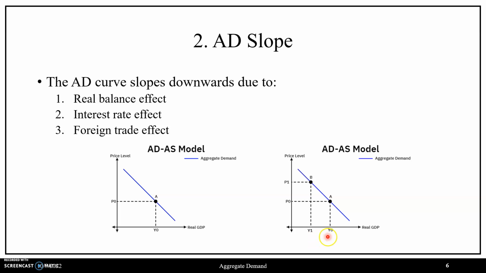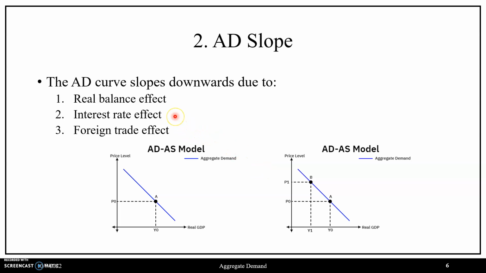So this corresponds to going from Y0 to Y1 in terms of real GDP, leading us to point B, where we see going from point A to point B, there's a negative relationship between the price level and quantity demanded with respect to real GDP, and that the price level increased, and quantity level with respect to real GDP decreased.